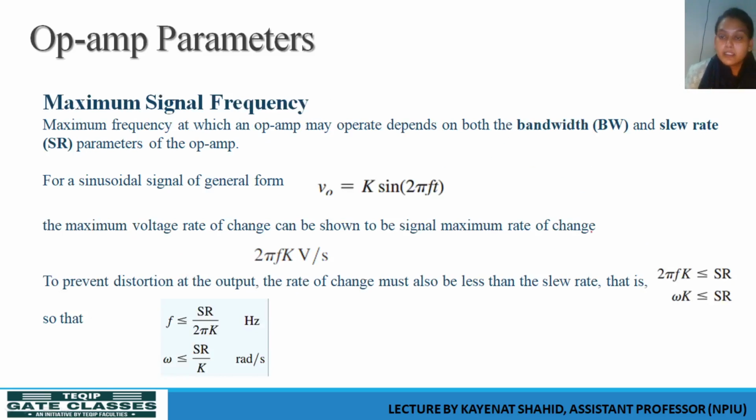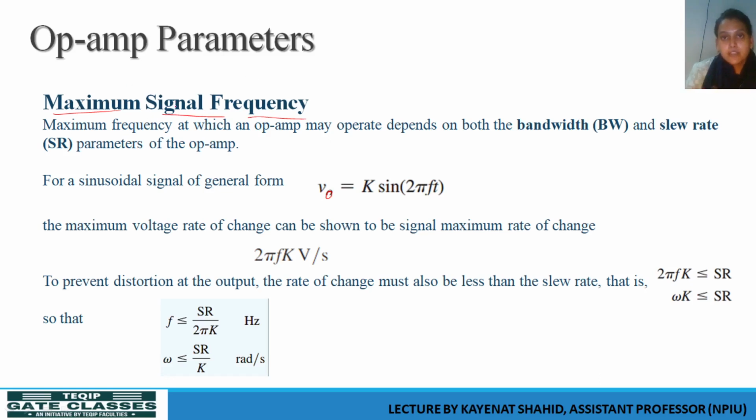Depending on this slew rate, there is a maximum signal frequency to work within. That means there is a range of frequency. Ideally we said that the op-amp can work in any range of frequency, but practically, because of the direct coupled amplifier, at higher frequency the parasitic capacitances inside the transistor come into effect and the gain of the amplifier will reduce.